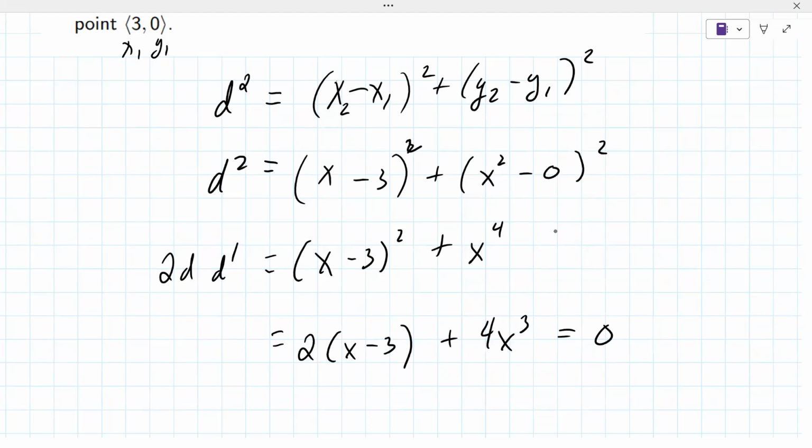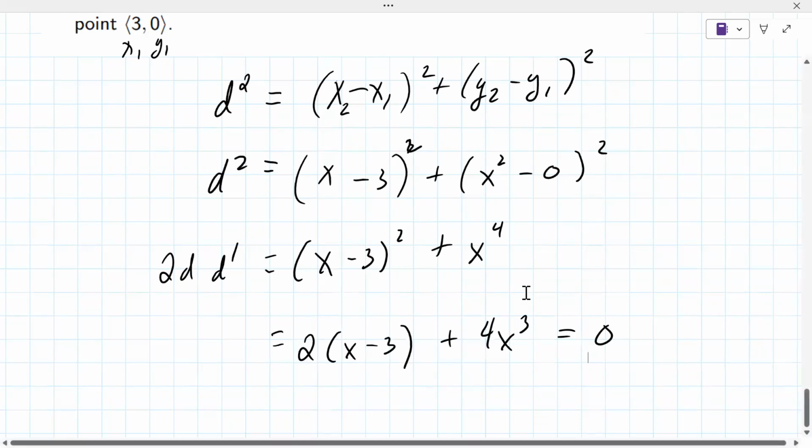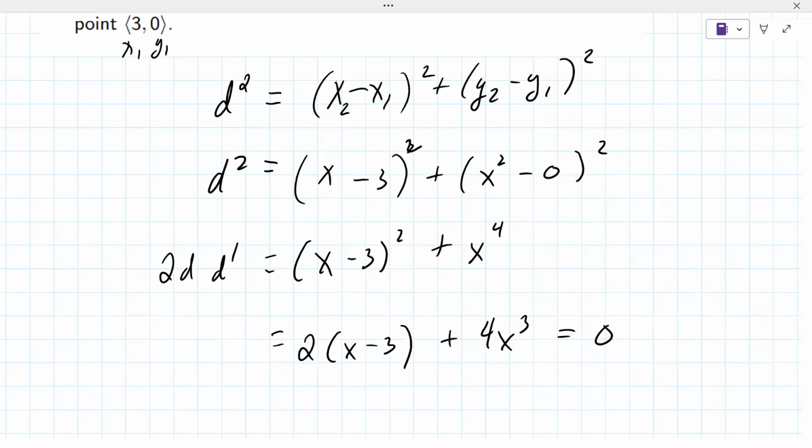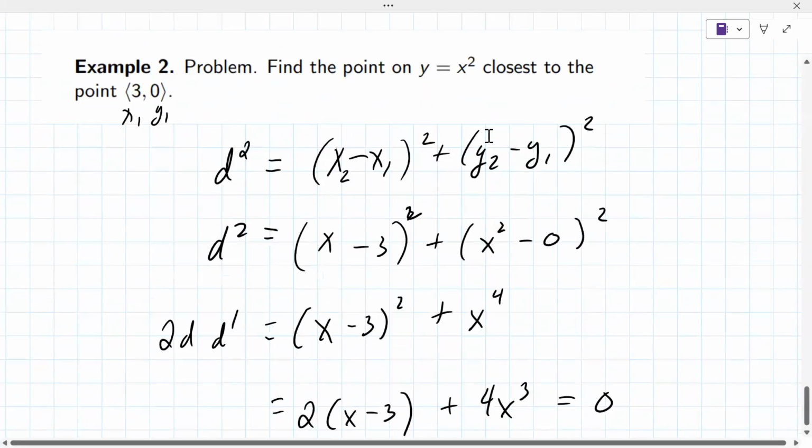So sometimes these are not solvable. Can't I plug into the calculator? Wait. No, I don't think I can. Never mind. I'm looking at this other solution. Why didn't they? Oh, I made a mistake here.